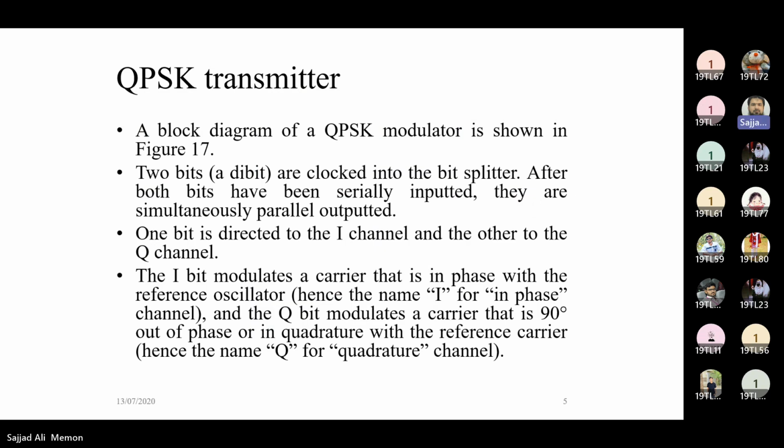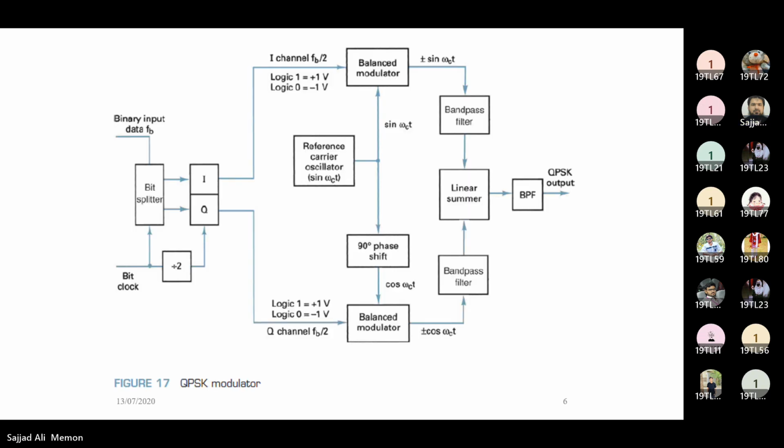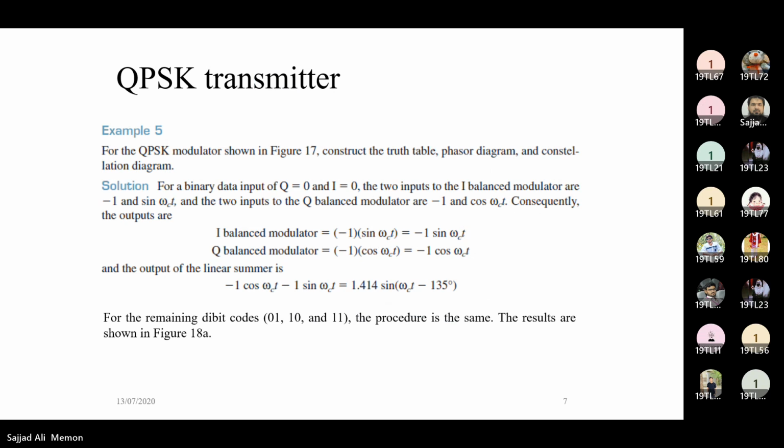That is also mentioned here in this slide, the same thing I described with the help of the figure. For the QPSK modulator shown in figure 17, construct the truth table, phasor diagram, and constellation diagram.